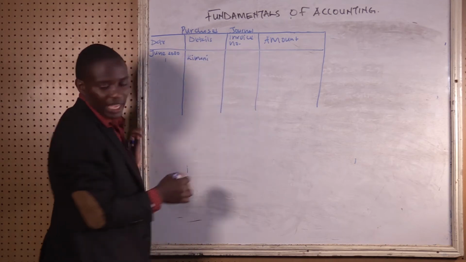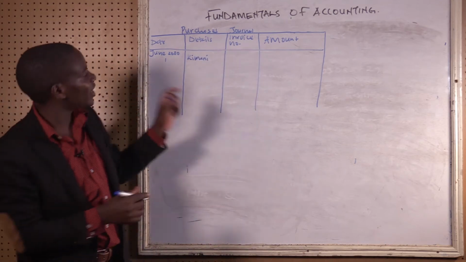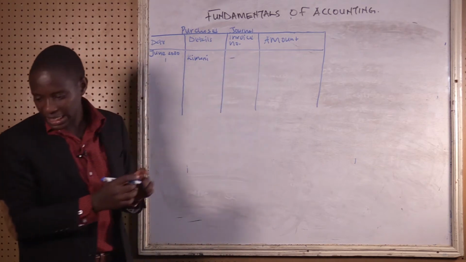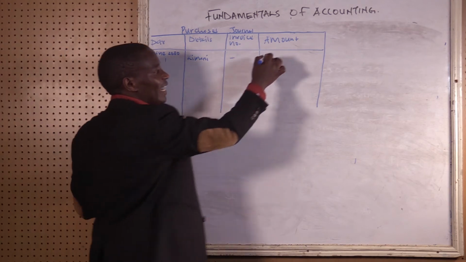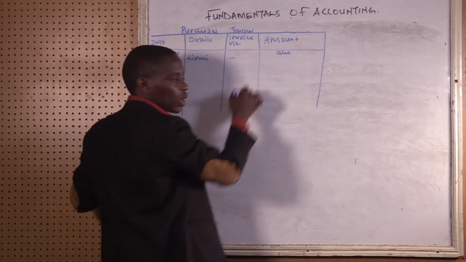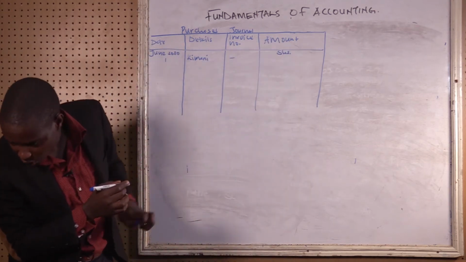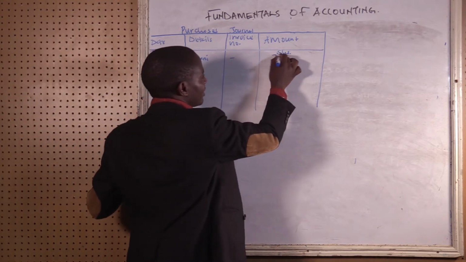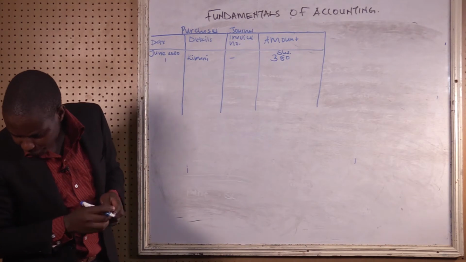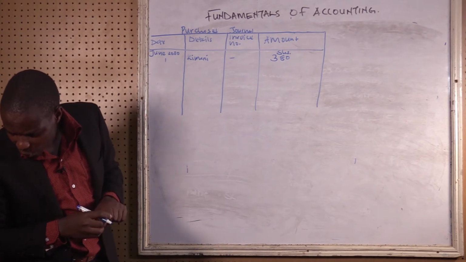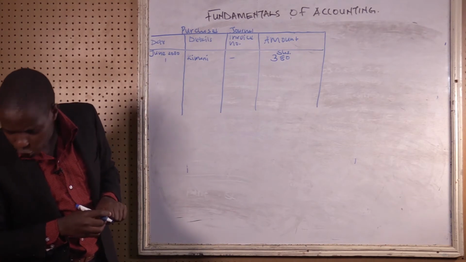The invoice number we had not been given, so it shall be just a dash. The amount of the transaction was 380 shillings. All the transactions will be in shillings.